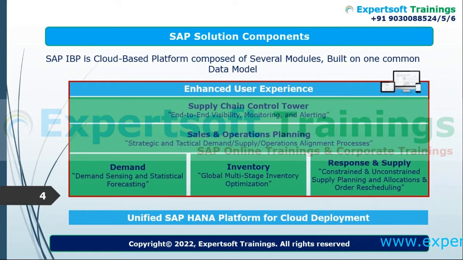Whatever the demand planning cycle we have, each and every step will be handled in IBP. We have separate applications for each and every step in the demand planning cycle. The first thing is, once you get the sales history, the first step is you need to cleanse the historical data, right?